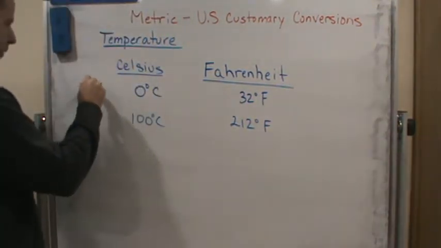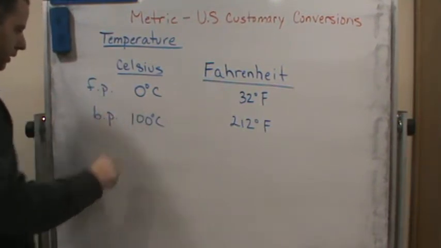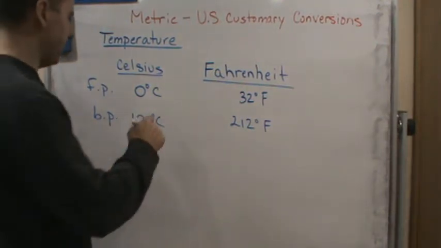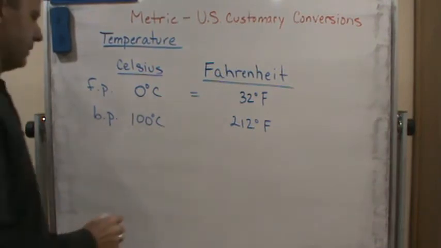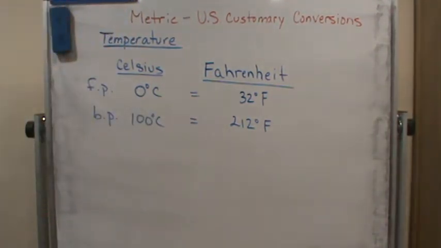So we know that 0 degrees Celsius is equal to 32 degrees Fahrenheit, and 100 degrees Celsius is equal to 212 degrees Fahrenheit. And so we can use this for converting between the two scales of temperature.